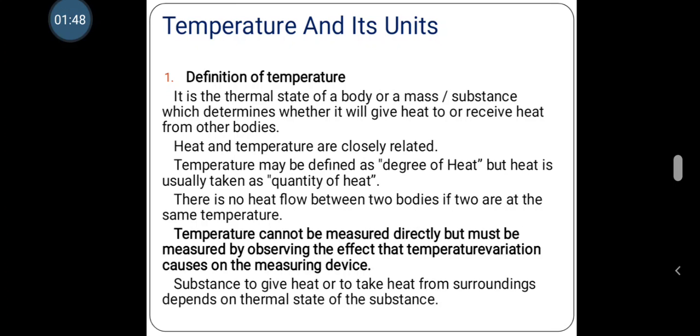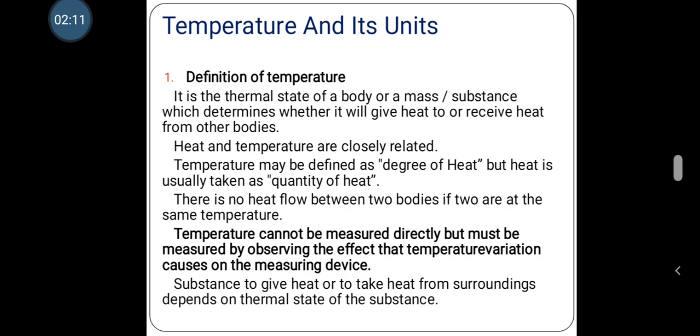Now the definition of temperature. It is the thermal state of a body or a mass substance which determines whether it will give heat to or receive heat from other bodies. Heat and temperature are closely related. Temperature may be defined as degree of heat, but heat is usually taken as a quantity of heat.